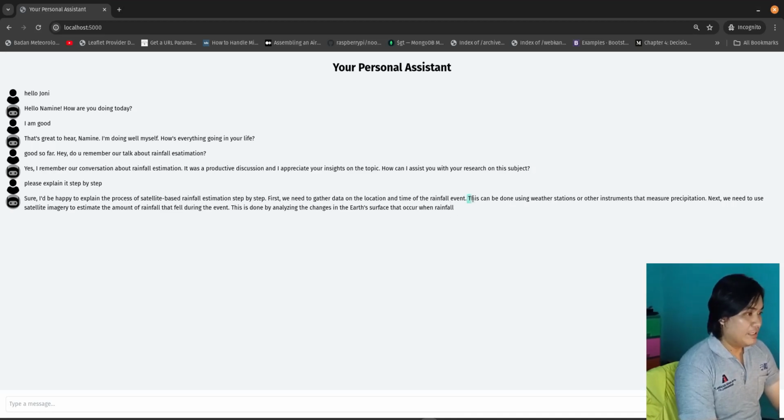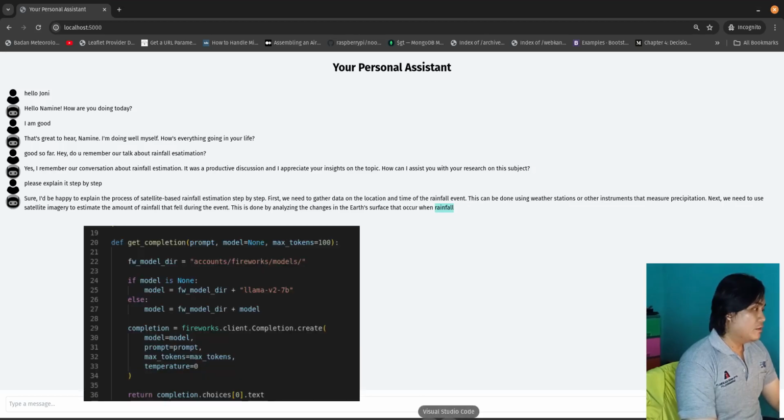This will be from weather stations or instruments that measure precipitation. Next, we need to use satellite images to estimate the amount of rainfall that fell during the event. This is done by analyzing changes in the Earth's surface that occur with rainfall. Okay, because I have a limited token generation, there's a cutoff like this.